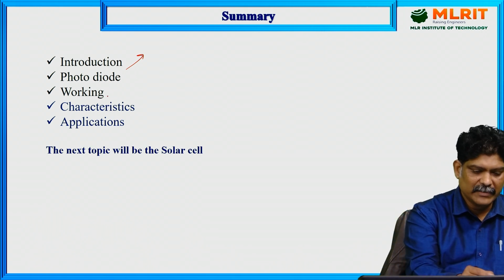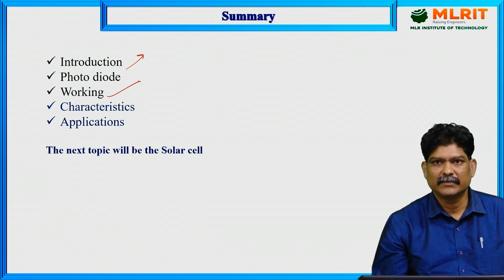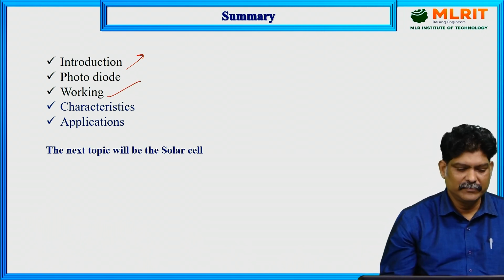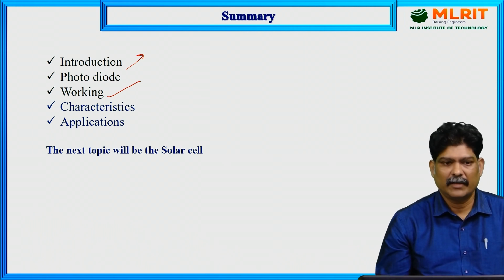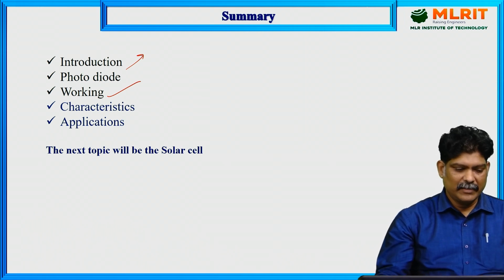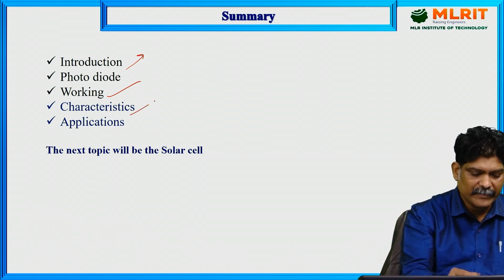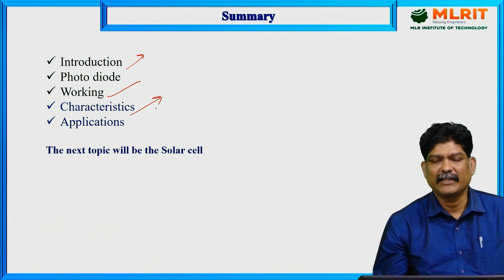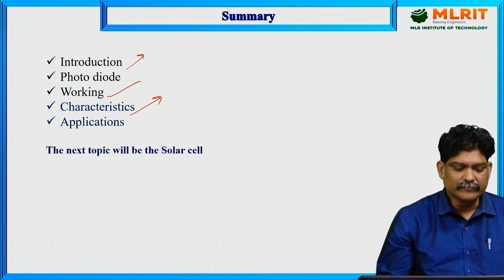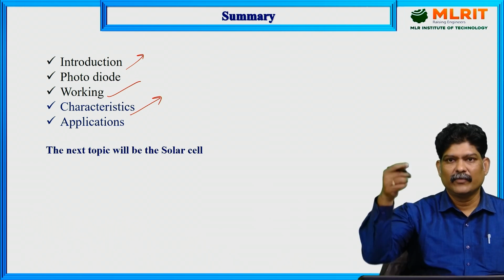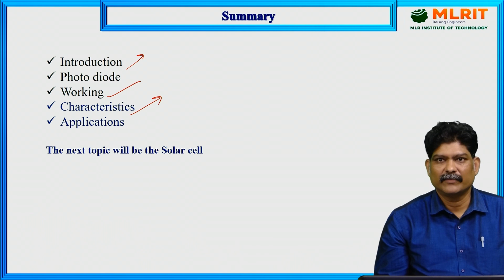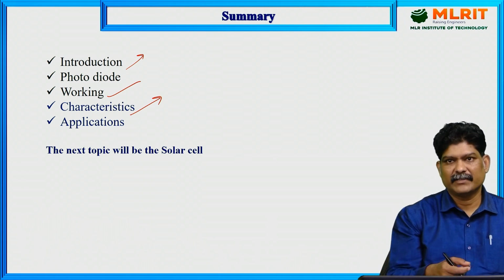We have discussed the basic working principle of the photodiode, followed by the basic VI characteristics of the diode. Depending upon the light intensity which strikes the surface of the photodiode, the current changes accordingly.